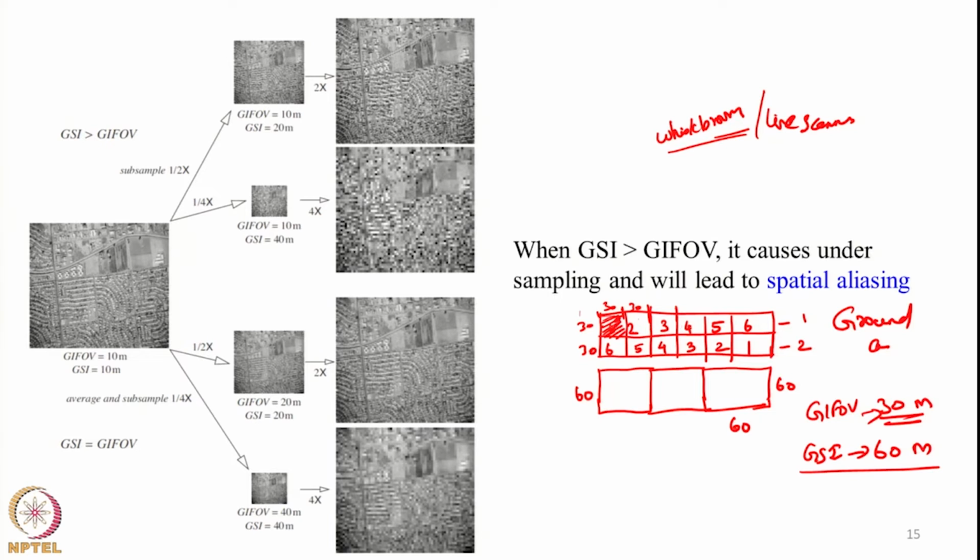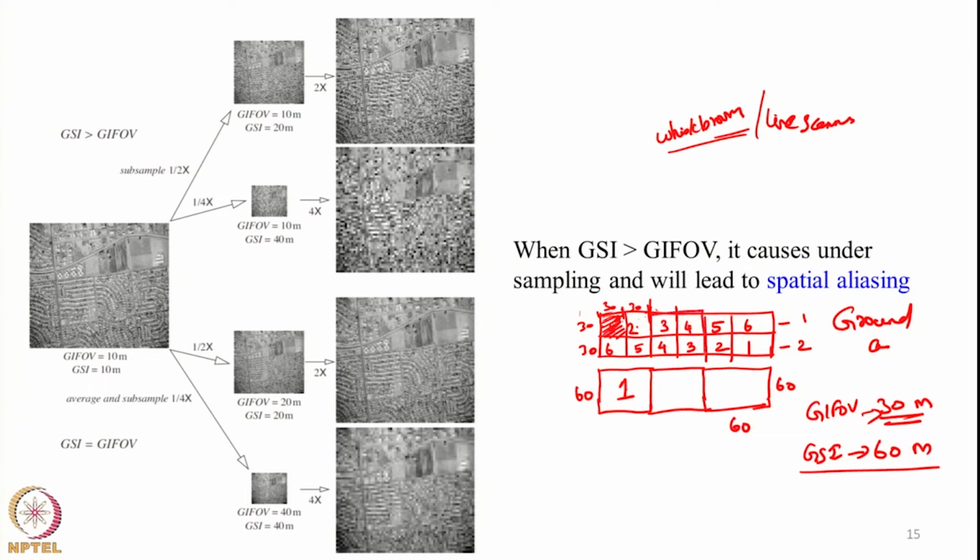But since the GSI is set at 60 meters, only one sample for this large area will be collected, as 1. Let us not take the center of pixels and all, we will not enter into that sort of argument, we will make it simpler. So, one sample is collected here. For the next pixel, the next GFOV will be here, it will collect 2, then it will move to 3.